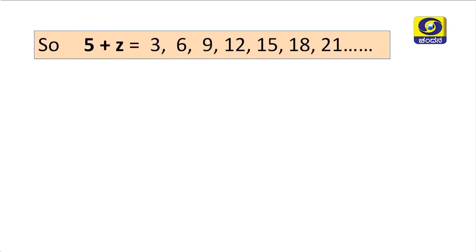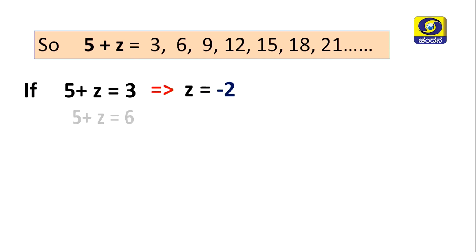Therefore, 5 plus z is equal to 3, 6, 9, 12, 15, 18, 21, it continues. If 5 plus z is equal to 3, that implies z is equal to minus 2, because 5 minus 2 is equal to 3.